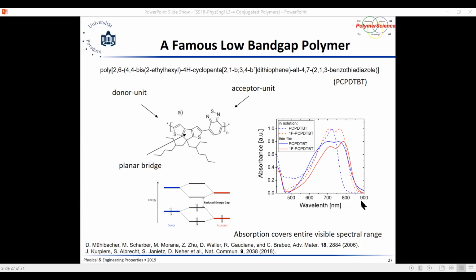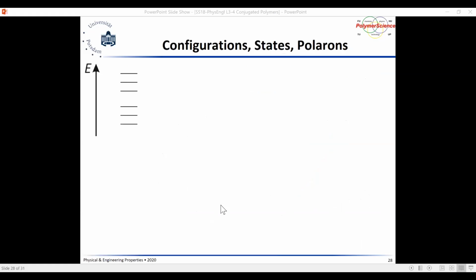By looking at the absorption of other materials to see where they cover, we can combine this polymer with those. For instance, if we have another system that absorbs above 900 or below 500, then we have a complementary absorption material, and we'll get the range from 500 to whatever covered.